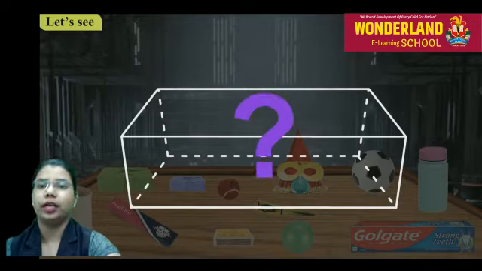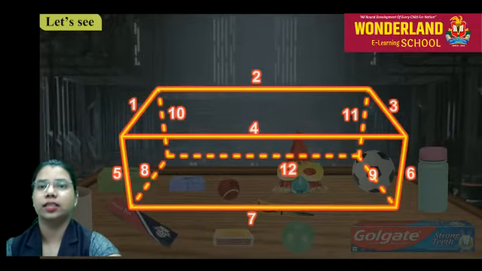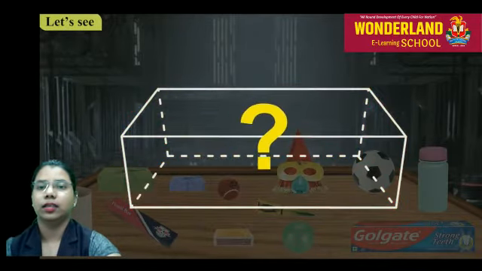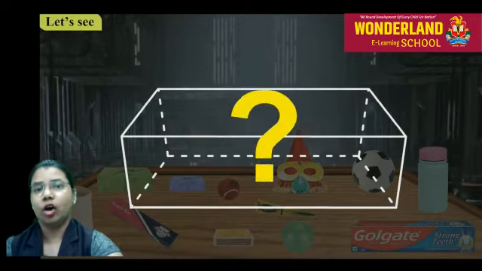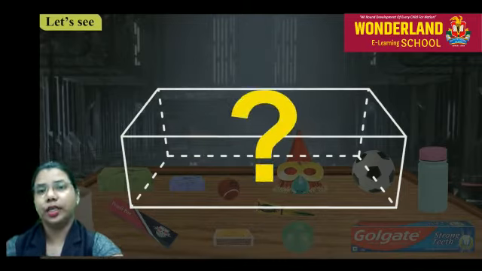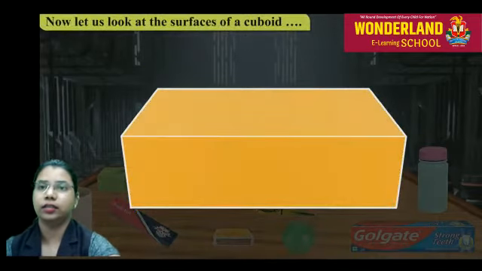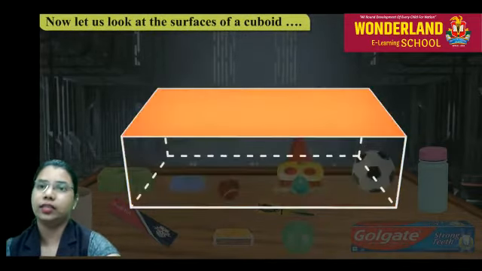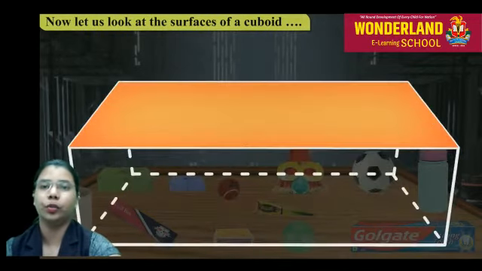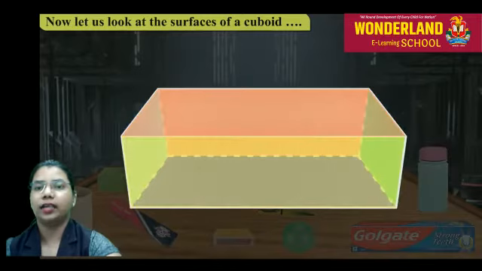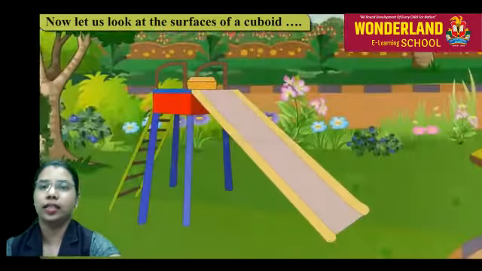This cuboidal shape has 12 edges. How many corners? Can you tell me? It has 8 corners. Now let us look at the surfaces of a cuboid. They are all flat. A cuboid has 6 surfaces altogether.